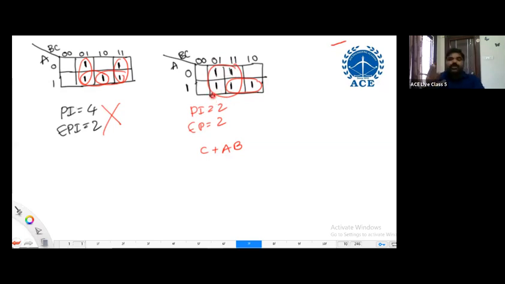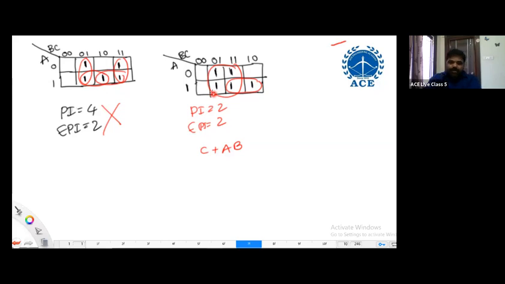It is having 3 special cubes, but 3 essential prime implicants will be wrong because we are confirming the grouping is an essential prime implicant. So I'm not counting the number of special cubes. I'm counting the number of groupings with special cubes. The point should be understood correctly.